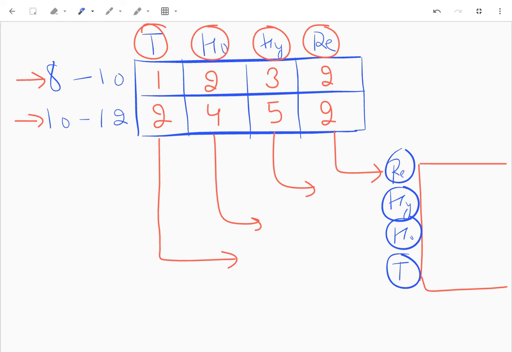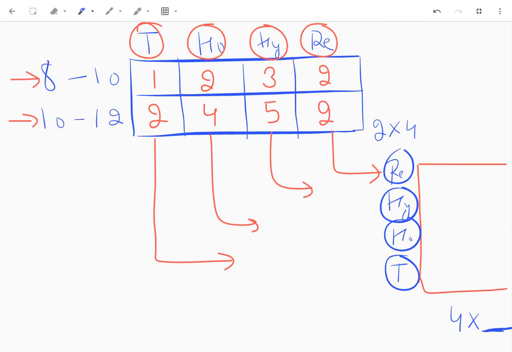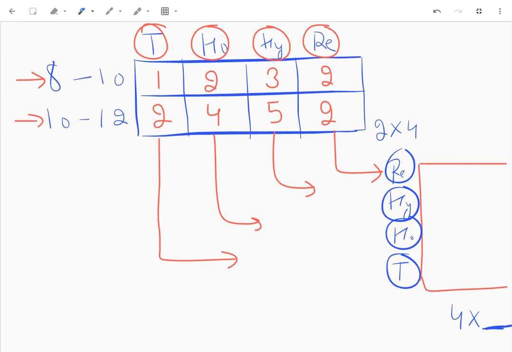So you got it? So if this was a 2 cross 4 table, this has to be a 4 cross something. Depends on what we are looking for next. Say, yeah, say, just give me a moment. Okay, this won't work. Let's say we are looking at the gearbox.